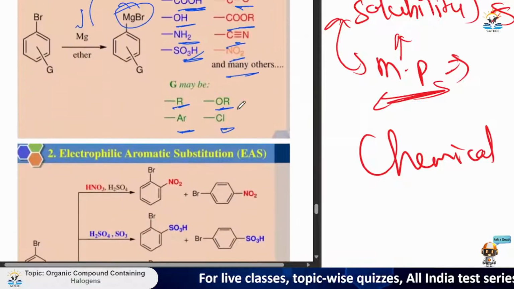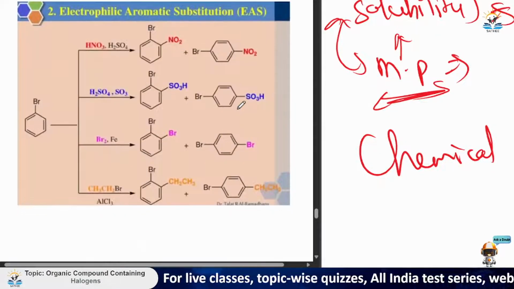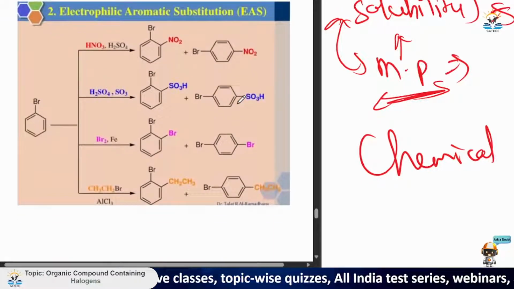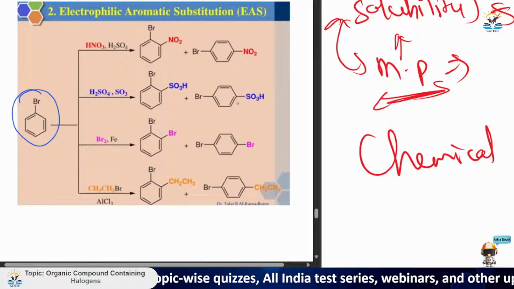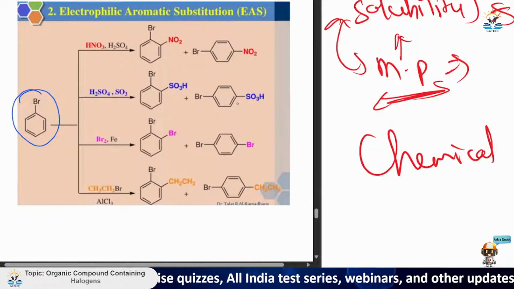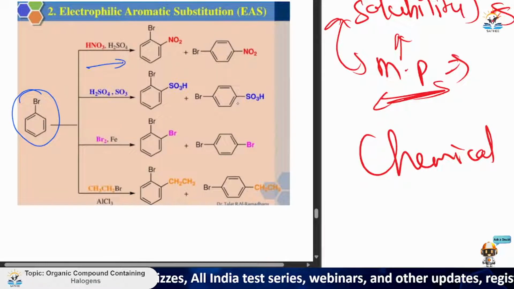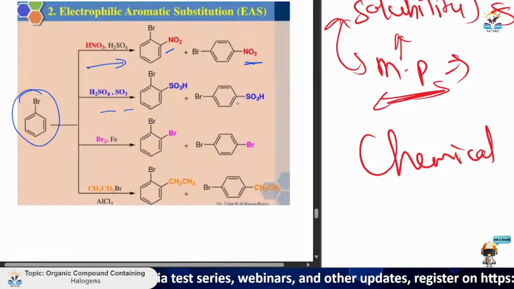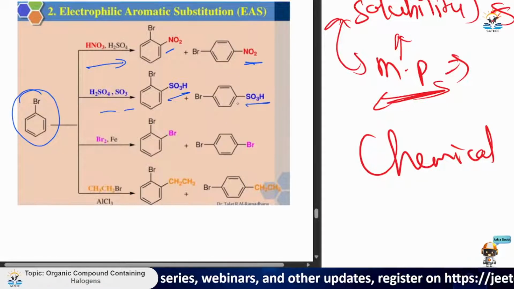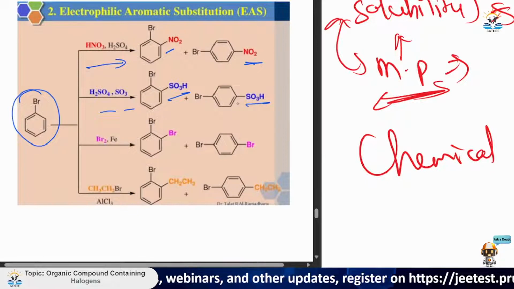Let's see some of them. Electrophilic aromatic substitution is also given. When reacting aryl halide with HNO3 and H2SO4, we will get NO2 and this one, NO2; with H2SO4 and SO3, SO3 is here. What is it trying to say?